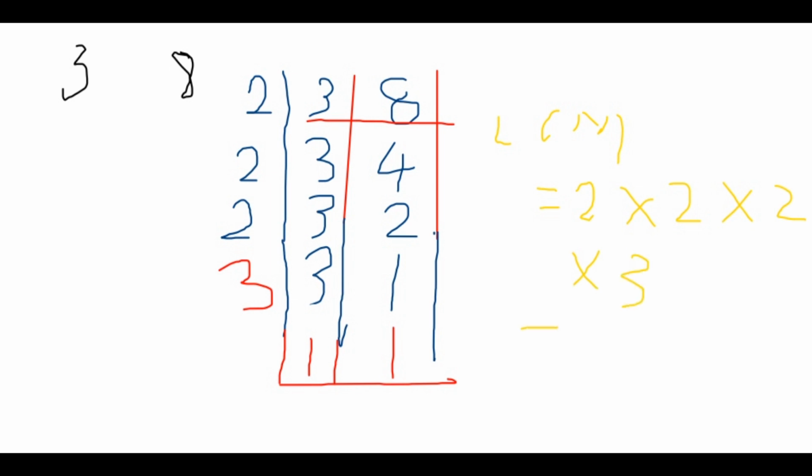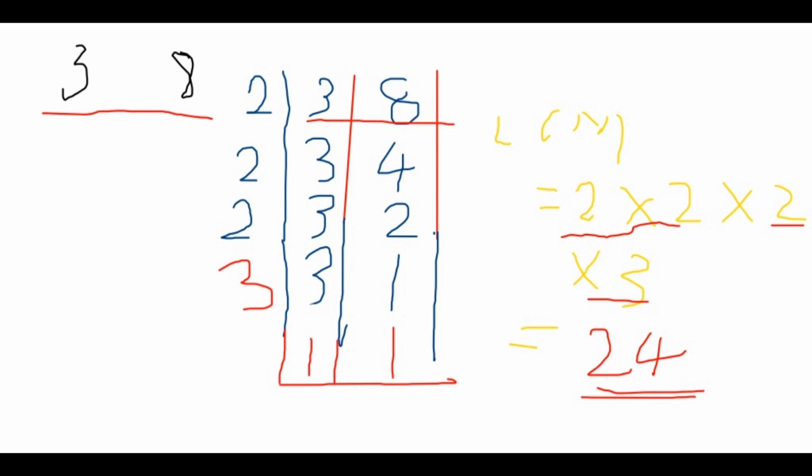If we multiply this, 2 times 2 is 4 and 2 times 3 is 6, and 4 times 6 is 24. So therefore the LCM of 3 and 8 is 24.